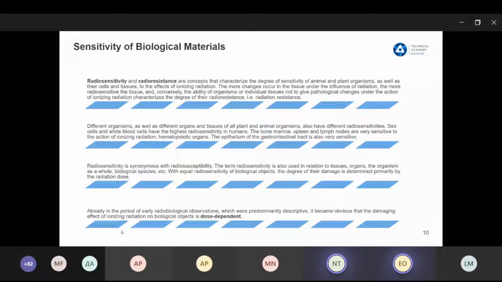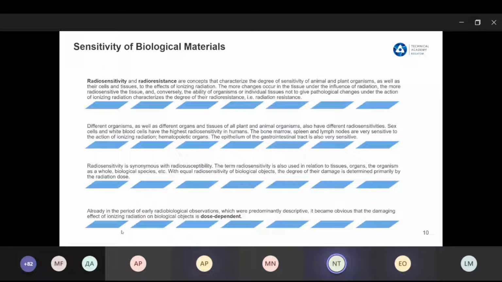Construction of dose effect graphs made it possible to compare the radiosensitivity of biological objects, comparing radiation doses that cause equal effects on them, and to evaluate the ability of certain substances, radiomodifiers, to change the radiosensitivity of biological objects.